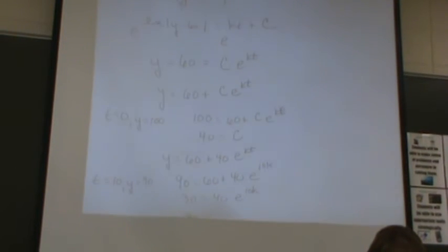So 90 will equal 60 plus 40 e to the 10k, or 30 equals 40 e to the 10k, or 3/4 is equal to e to the 10k, and we want to solve this for k. So the ln of 3/4 would equal 10k, and k would be 1/10 ln of 3/4.